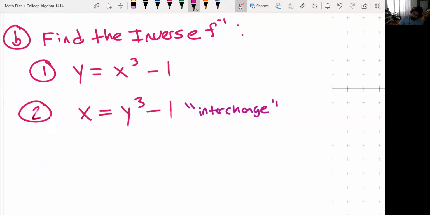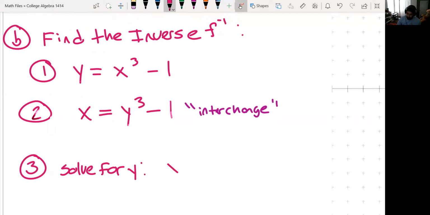And now, step 3 is solve for y. So x equals y cubed minus 1.